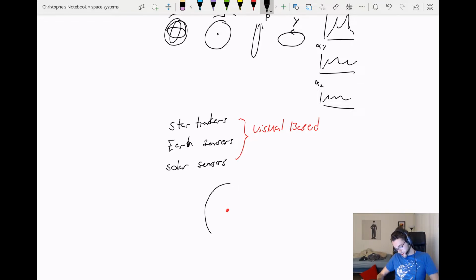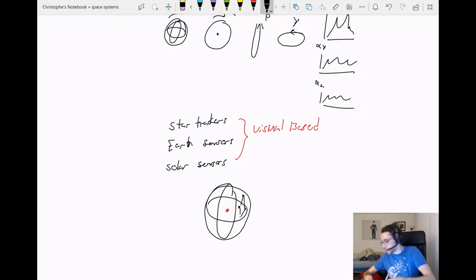And it creates a sphere with different constellations or different maps of stars around you, and it says, well, I'm looking at this constellation, or this constellation is within my field of view in like the bottom right corner.